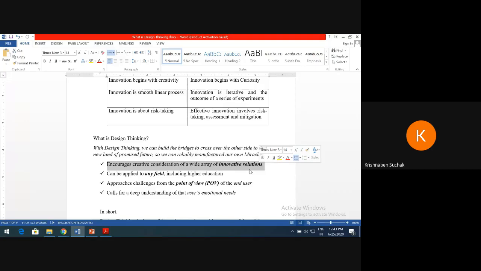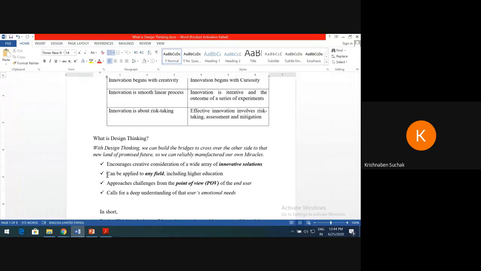Next, it can be applied to any field including higher education. Whenever you are studying something in higher education or in social life or anywhere, you can find design thinking very innovative. You can always have an innovative idea, you can always have new methods to improve something.